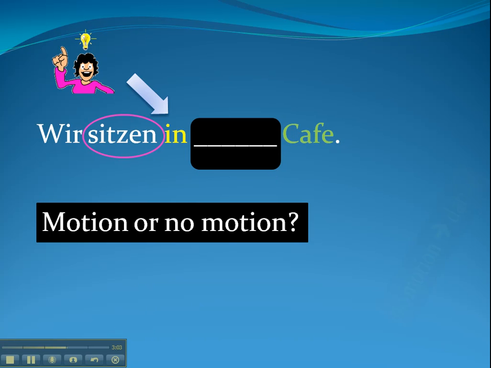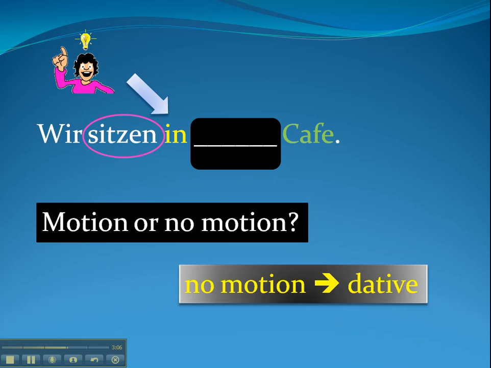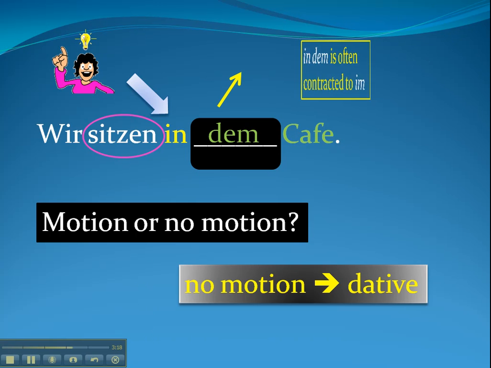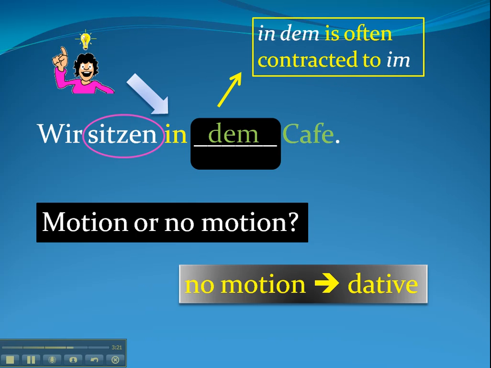No motion, dative. So it's das Kaffee, it's neuter. So in dem Kaffee. We sit or are sitting in the cafe. Now in dem, it's worth noting, is sometimes contracted to im. So im is the same as in dem.